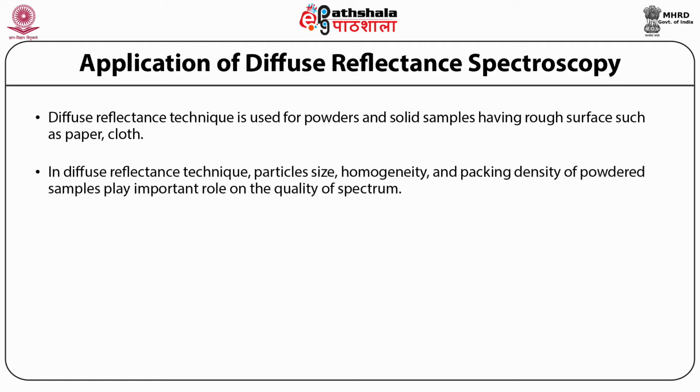In the diffuse reflectance technique, particle size, homogeneity, and packing density of powdered samples play an important role in the quality of the spectrum. A sample with smaller particle size having narrow size distribution is preferred. Thus, in order to obtain a qualified spectrum, the sample should be ground into smaller size.